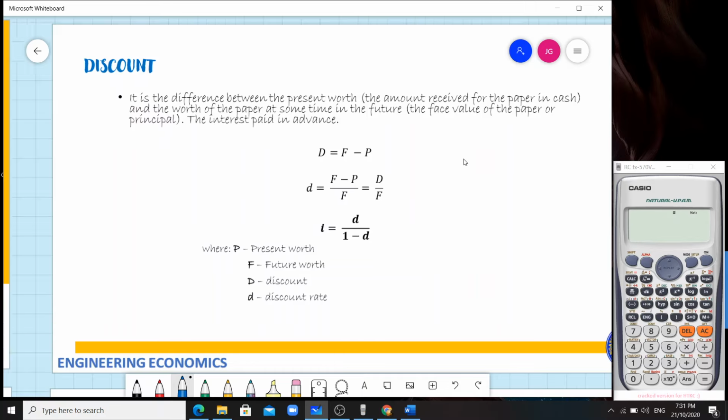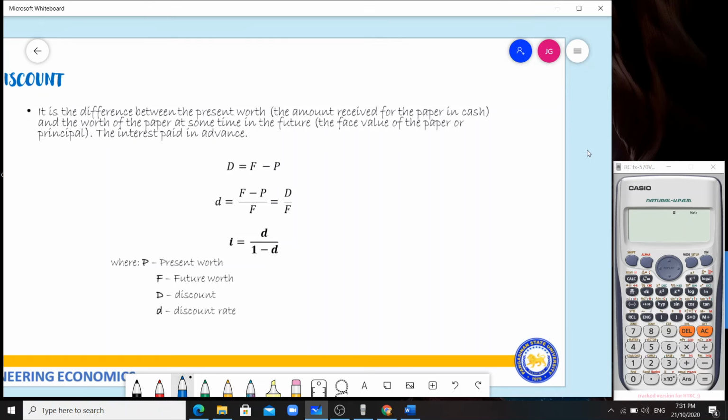So para mas maintindihan yung mabuti, let's discuss the difference between interest and discount. Okay? Pag sinabi nating interest, ito babayaran mo after some time or sa future mo pa siya babayaran. Okay?